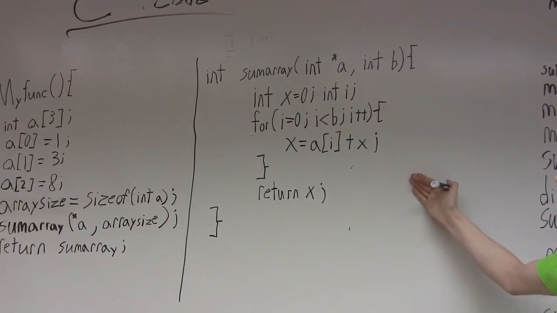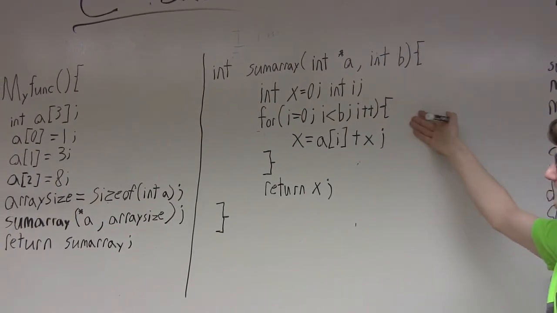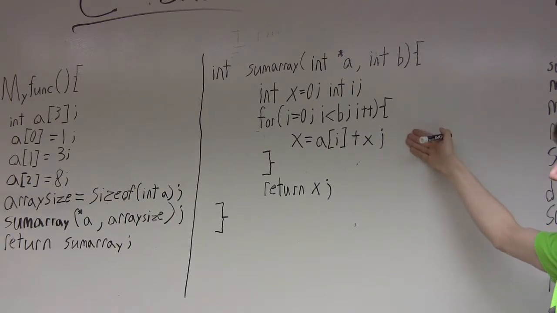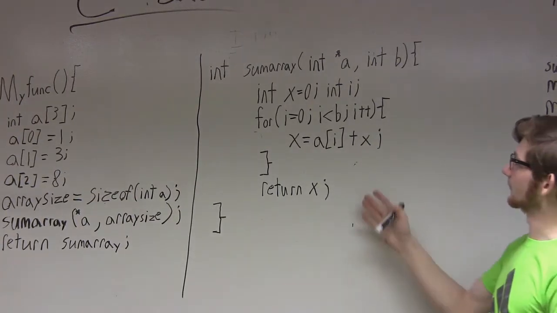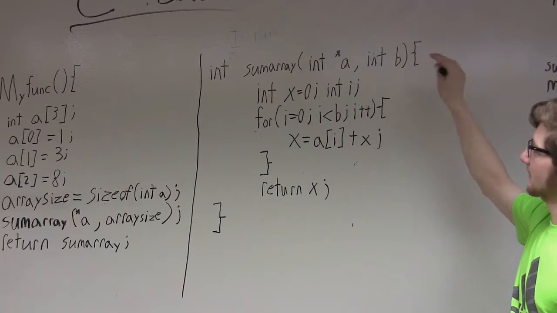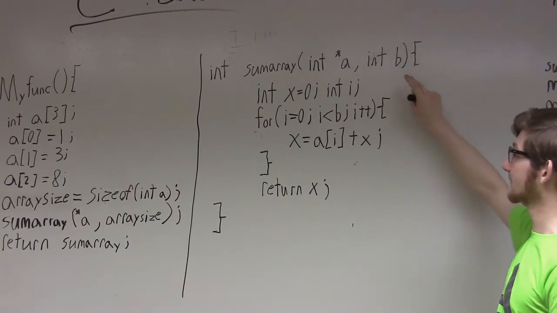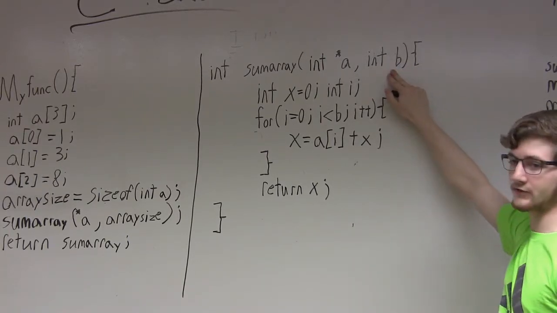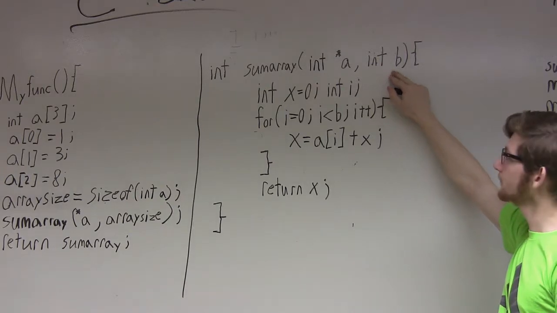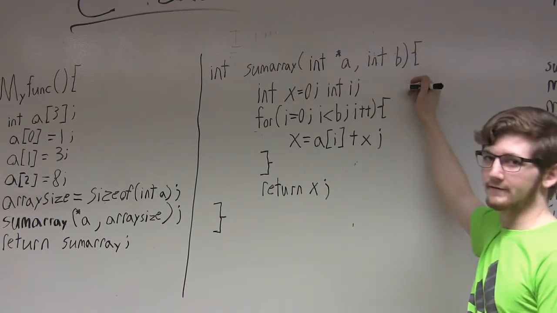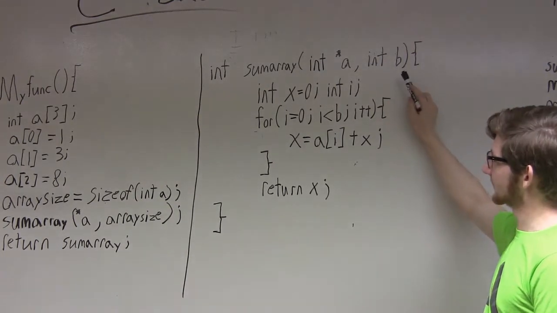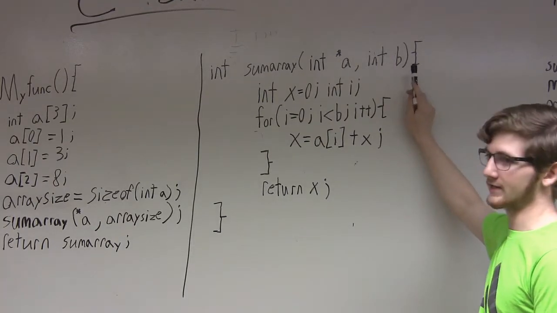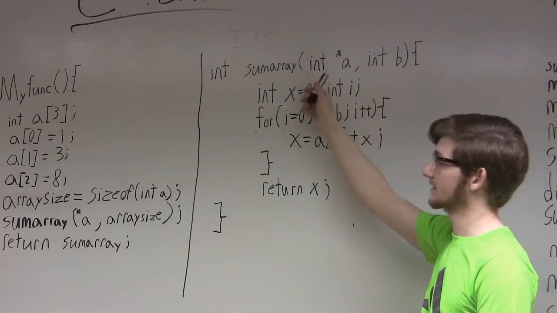The function is very simple. It's simply a loop that's going to be adding each value of the array up. Very simple. Returns it. The main thing to pay attention to is, as we know in ASM, the first in, last out rule. The integer value of how many elements are in the array is what's going to be transferred to the stack first, as opposed to the base of the array.